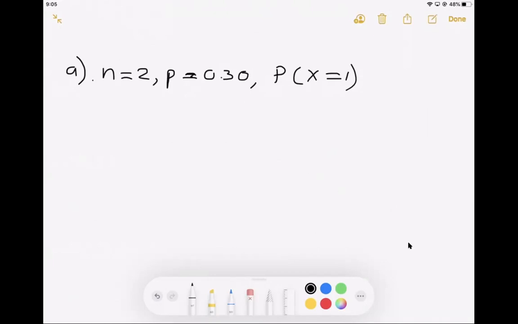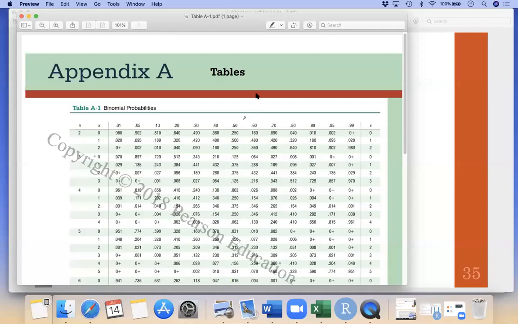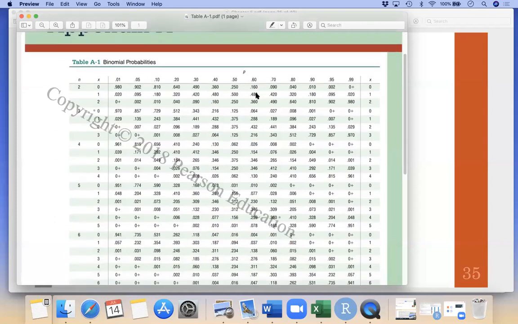Now I will show you the table. Okay, this is the table. Here you have to pick n from here: n is 2, then p is 0.3, and x is 1. So this is our x column, x is 1.